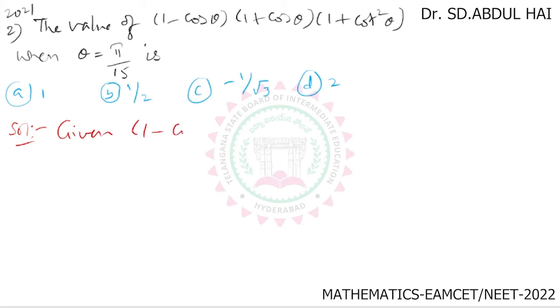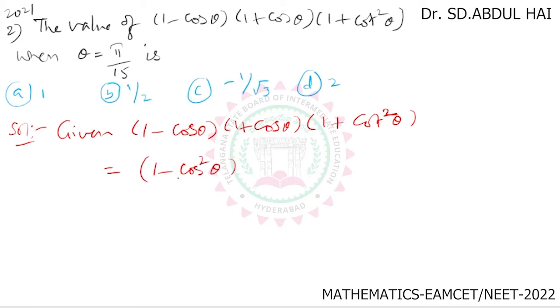Given 1 minus cos theta into 1 plus cos theta into 1 plus cot square. Okay, so we know that it is in the form of a minus b into a plus b, that is a square minus b square, which can be written as 1 minus cos square theta into 1 plus cot square theta, which is nothing but cosec square theta.